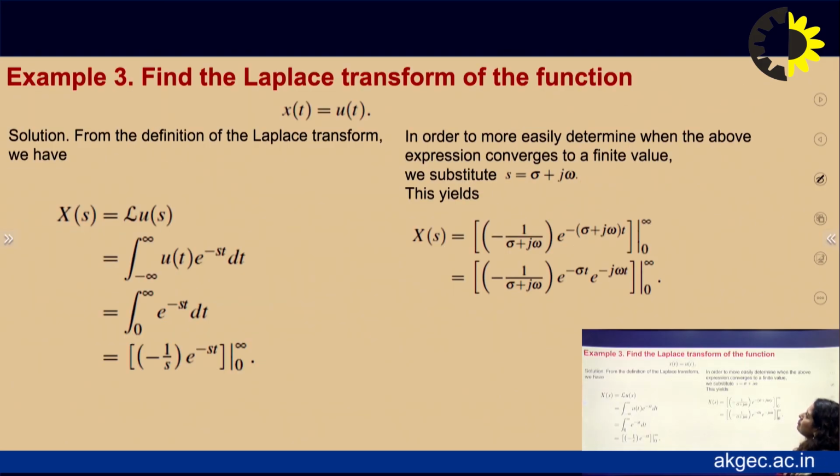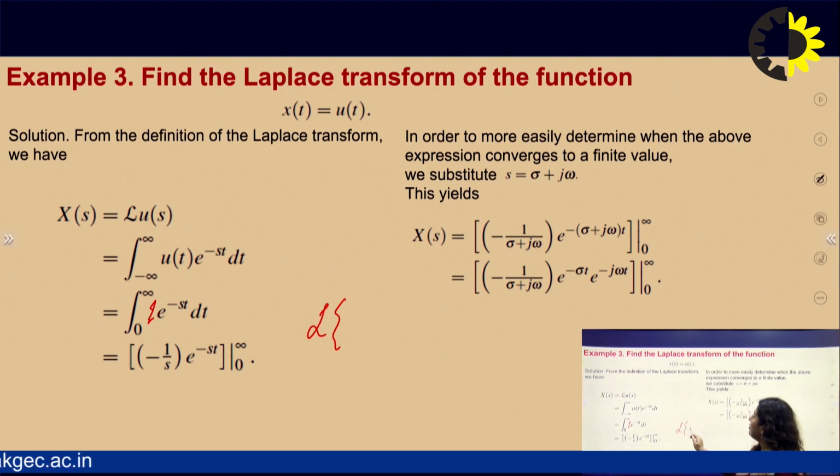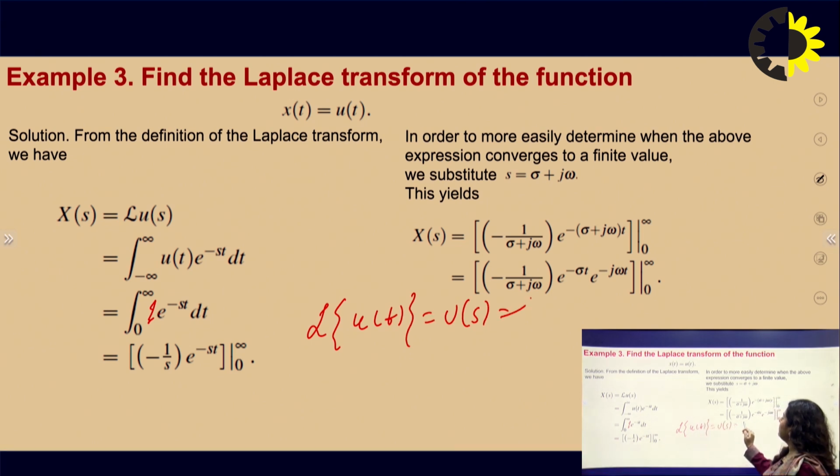Next question, find the Laplace transform of the function that is x(t) equivalent to u(t). u(t) is the unit step function. So for unit step function, the integration limit is from 0 to infinity. In place of u(t), we just write 1 into e to the power minus st dt. And when you calculate, then Laplace transform of u(t), which is U(s), is 1 upon s.